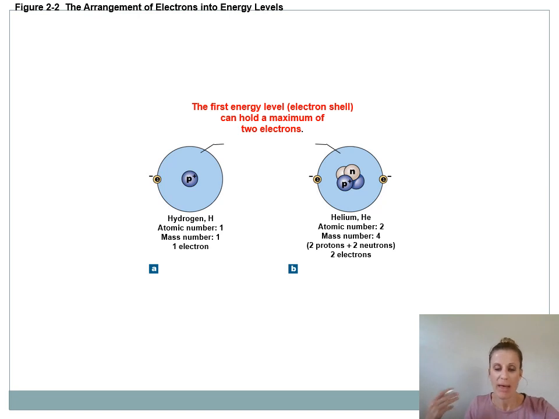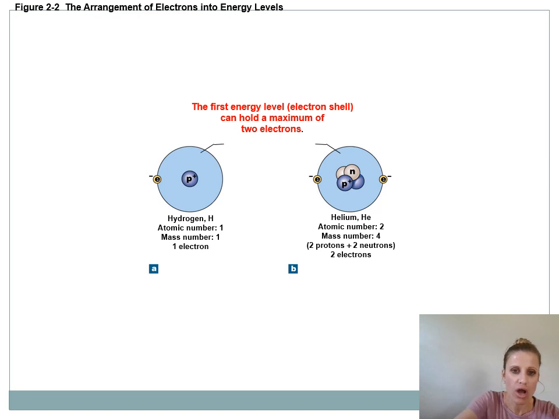So if we were to map that out and draw that atom, here you see it has its 1 proton in the nucleus in the middle, and it has its 1 electron out here in the electron shell, in the electron cloud. Now remember, we're talking about shells. Which energy level or shell do we put that in?